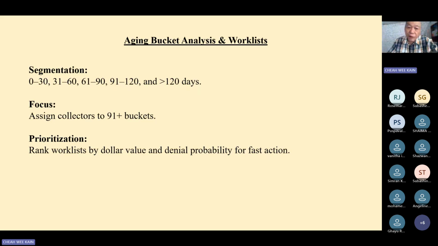If it's a long one, 91 or 120 days, this is really a problem. Why are they taking 3 to 4 months to pay you? You have to go and talk to them personally and see what the problem is. Be proactive, go and visit the insurance company, not over the phone, because this is money.